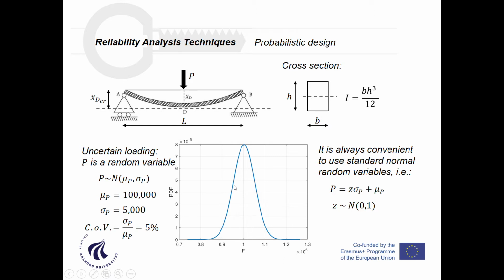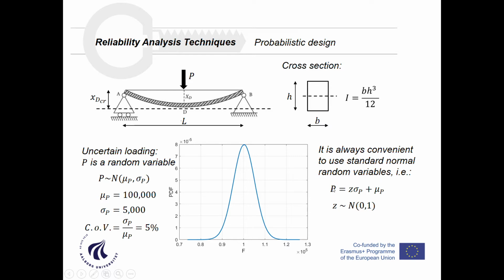And here I'm going to make a small parenthesis regarding the variable transformations. Every time that we have a random variable which is not standard normal distributed, it's convenient to use a standard normal random variable.